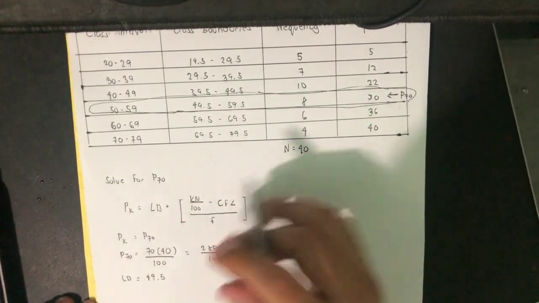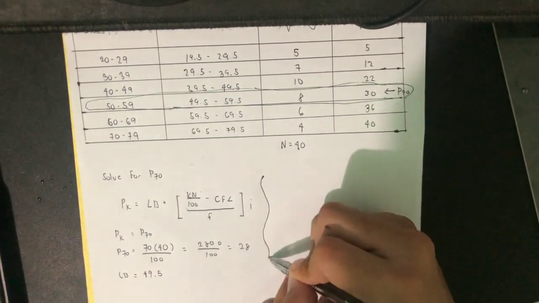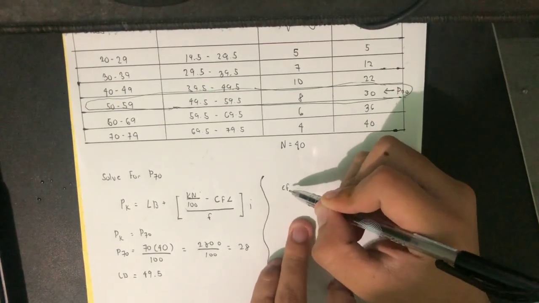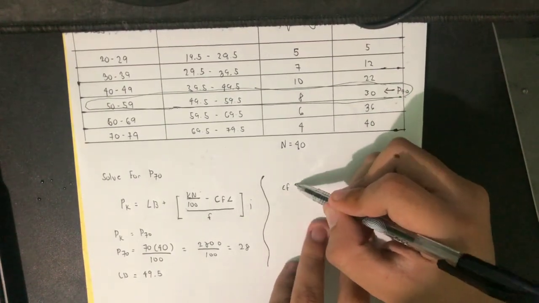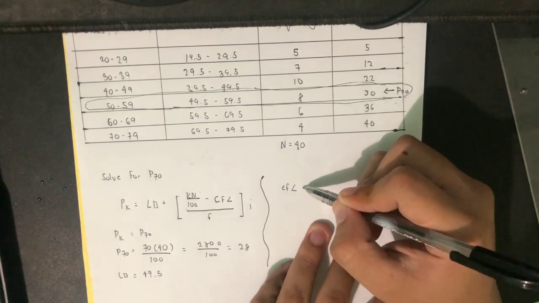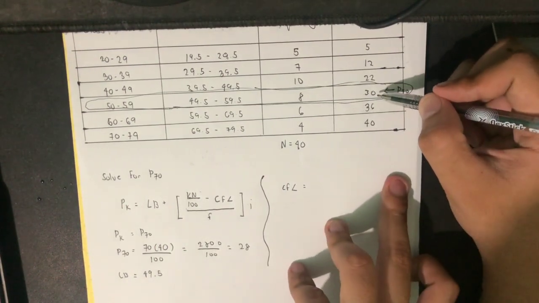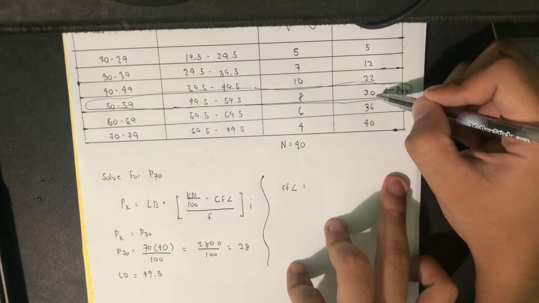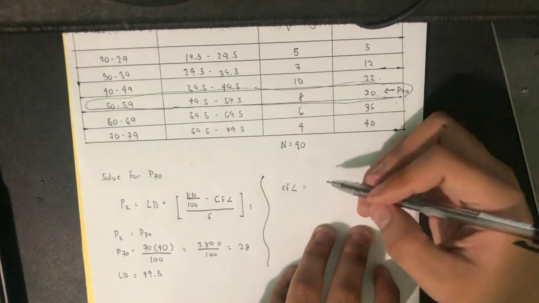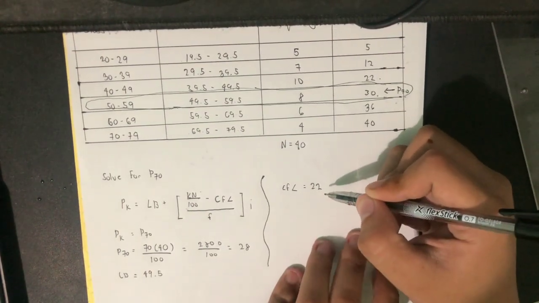Next is the cumulative frequency before the percentile class. So what is before 30? It is 22. So the CF before the percentile class is 22.